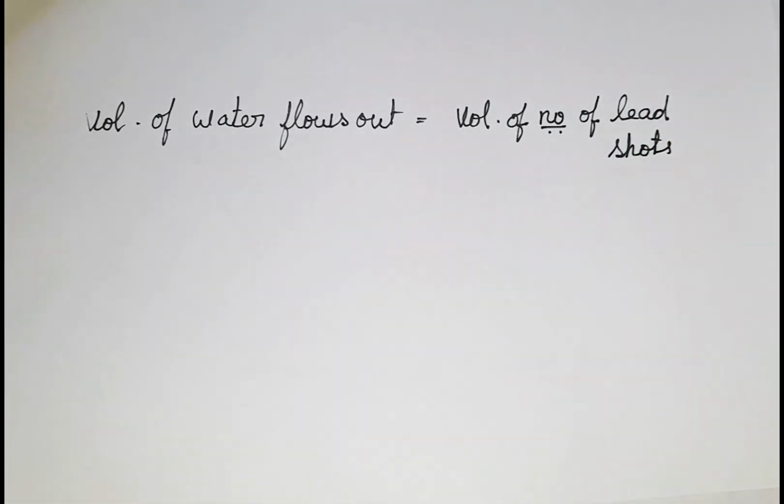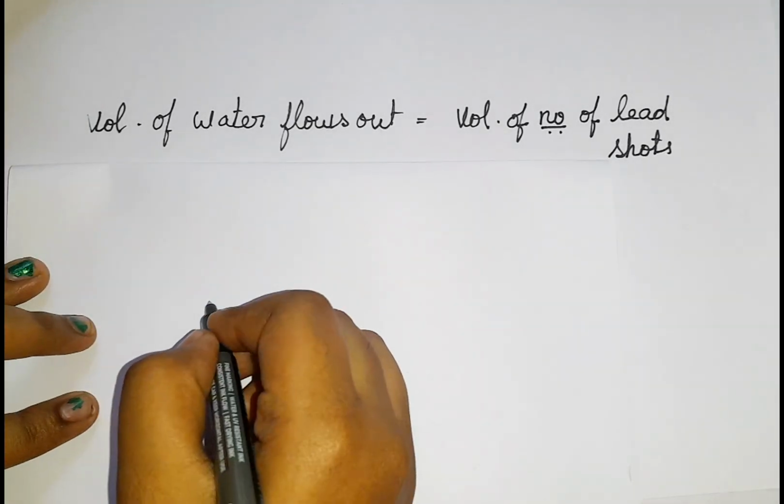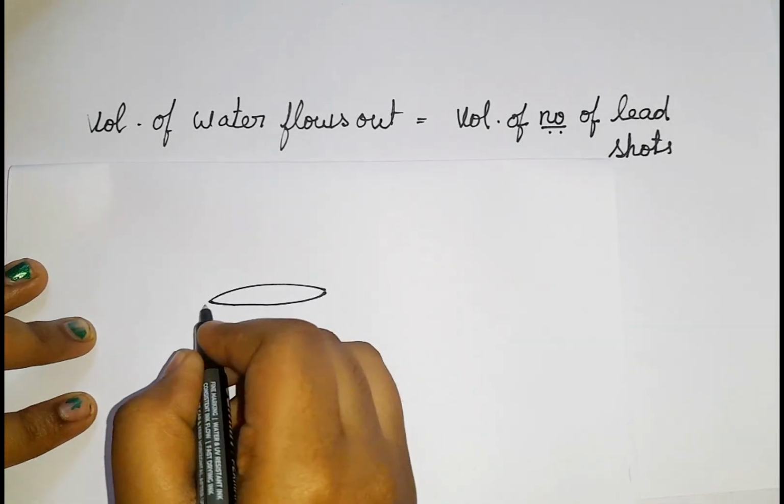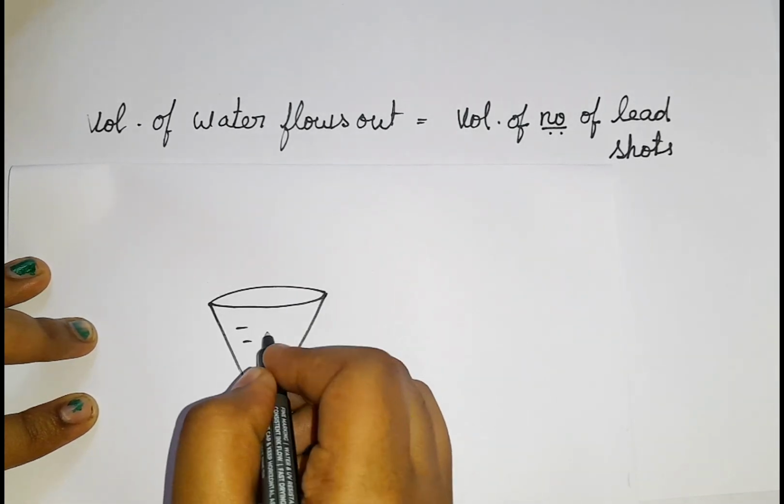You guys might be wondering what that means. Okay, let us understand by figure. Figures are really important. Okay guys, according to the question, there is a vessel in the shape of a cone that is filled with water.